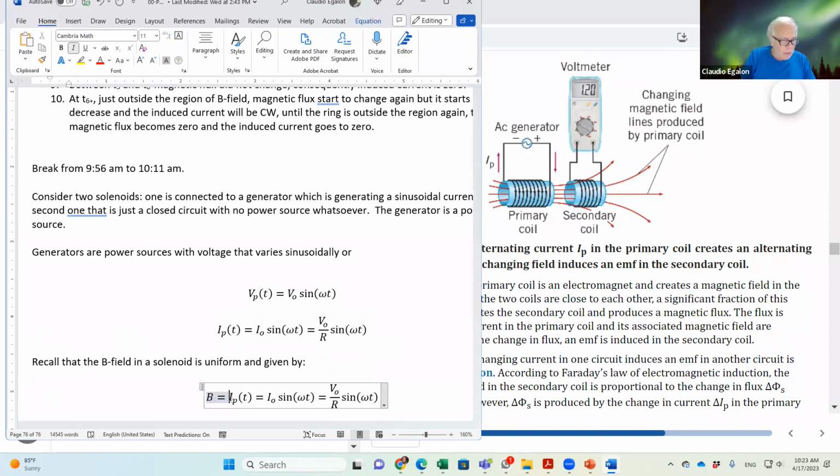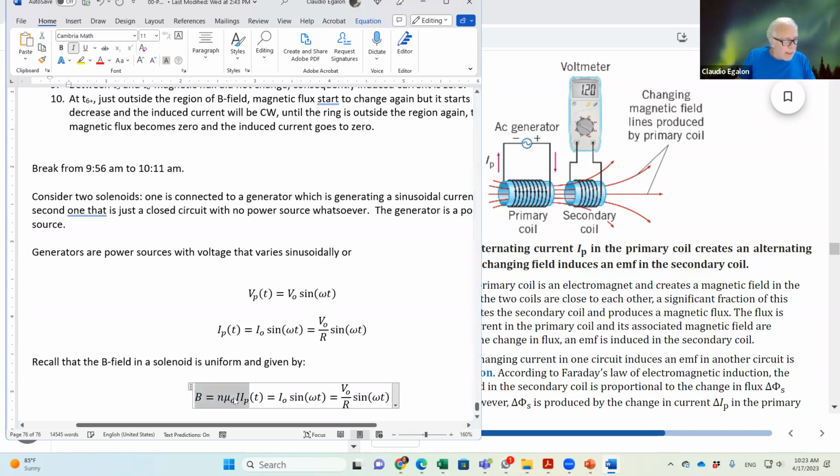B is equal to what? N, right? Mu naught. And by the way, I as well. Do you remember that? Uniform magnetic field, right?